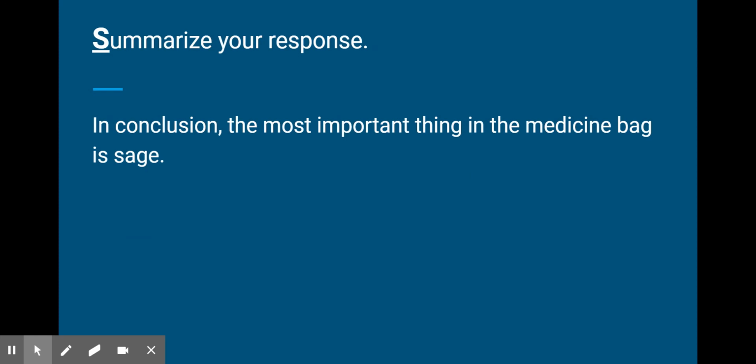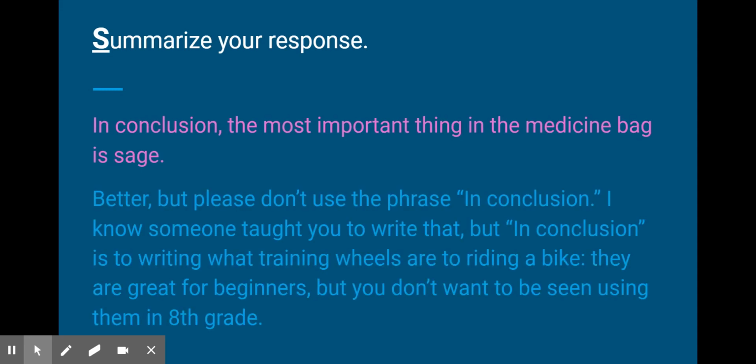Another one that drives me nuts is "in conclusion, the most important thing in the medicine bag is the sage." In conclusion is below eighth grade level. I don't know how else to say it. I know you've been taught to use transitions like first, next, then, last, finally, or in conclusion.